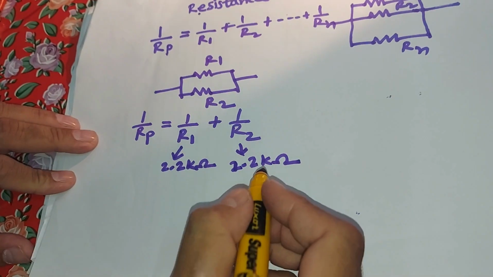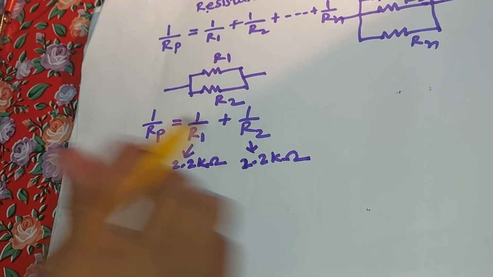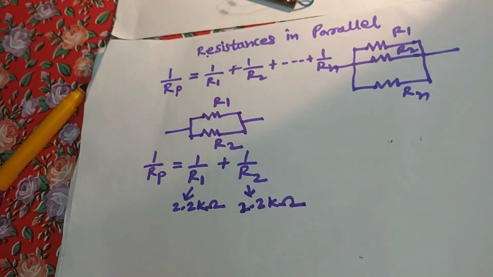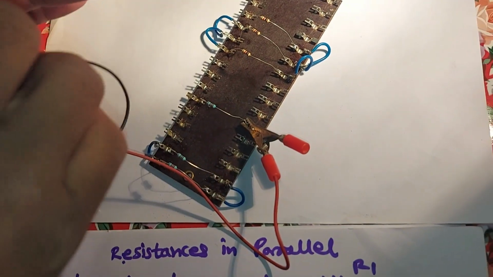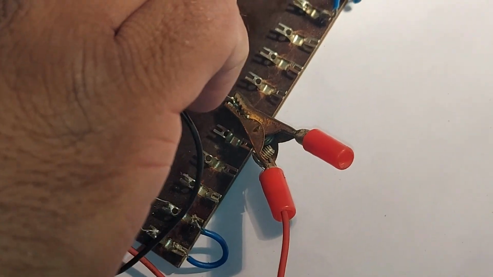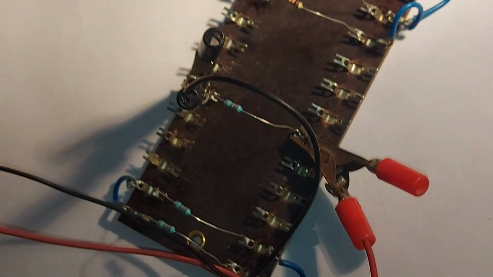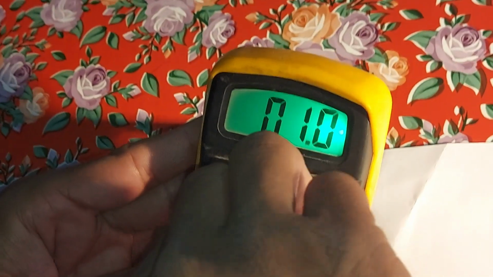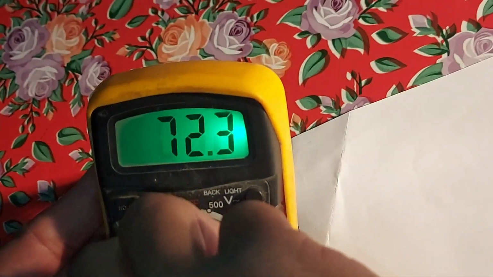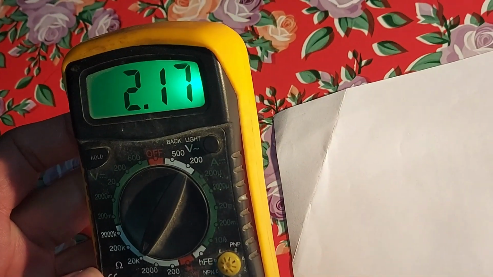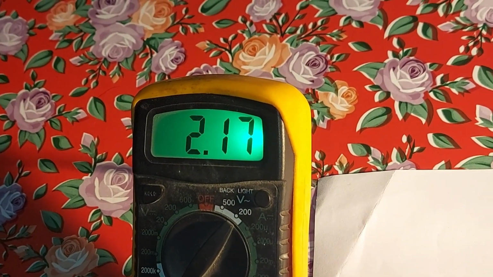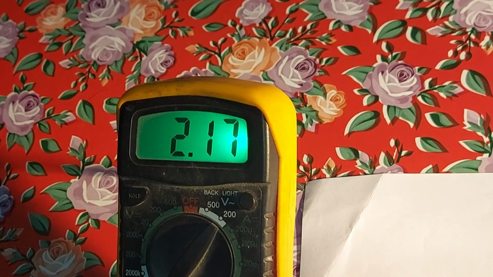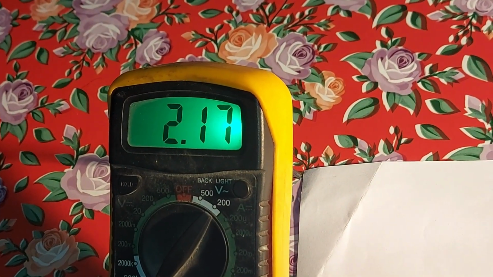Before connecting them in parallel, we will consider one similar resistance so that we can measure its value separately, because in a parallel combination we cannot measure it directly. So you can see that this is a digital multimeter. Now how to use a digital multimeter, I had made a separate video. You can see its link in the description and on the I button also.